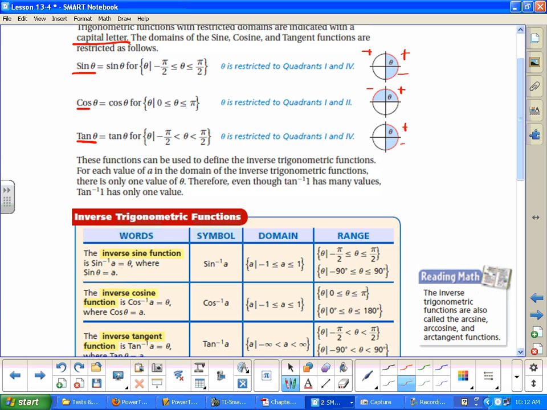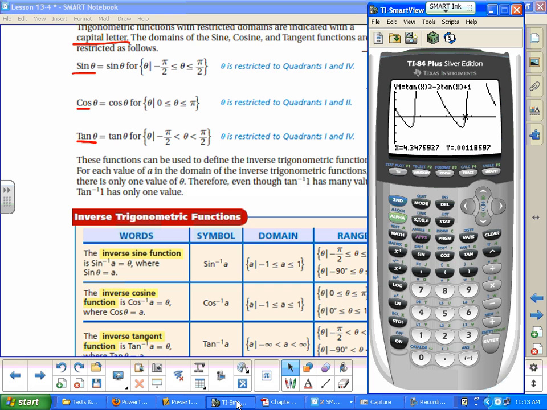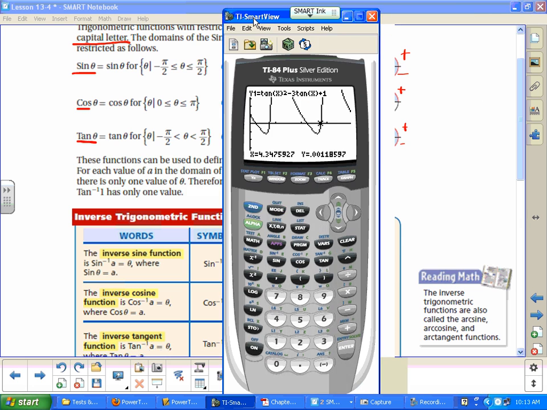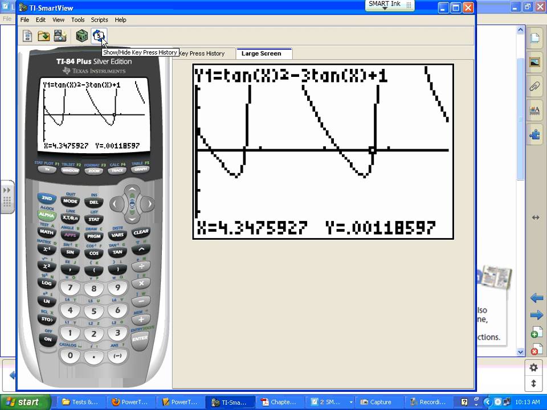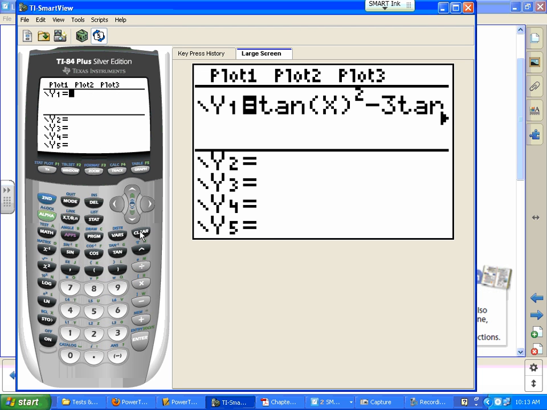Okay? Now I'm going to show you something else so you can kind of see it. Take out your calculator. All right, we're actually going to show a graph of them for a second. Okay, go to your y equals, and just type in sine of x.